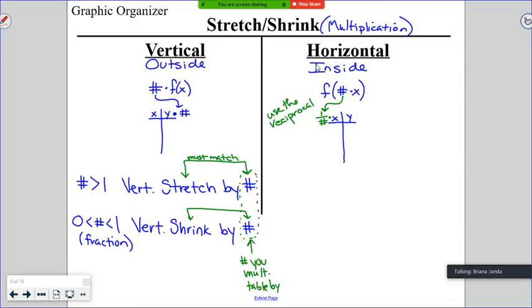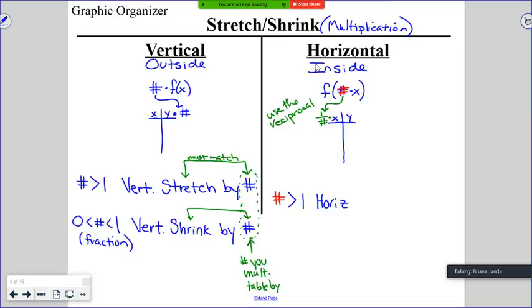The number that we see in the function itself, if that number is something bigger than 1, but it's inside, we still use the word horizontal. But you will always do this description by the number that you multiply your table by. So a horizontal, and then whatever we multiplied our table by just drives this next word.